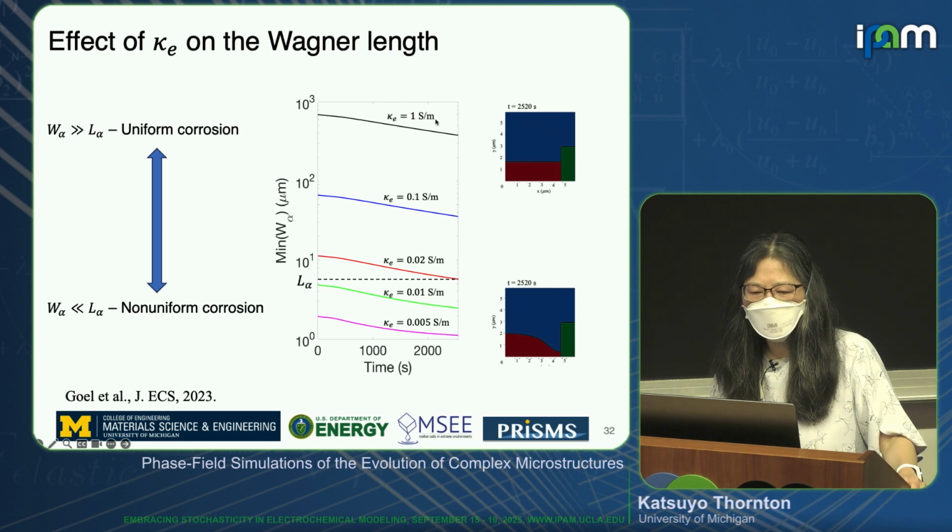If you have larger conductivity, as you saw before, you get a uniform corrosion front, and indeed this is much larger than the length scale of the microstructure, which is right here. So anywhere far above this line, you expect uniform corrosion. And when it goes below this, there's going to be non-uniform corrosion.